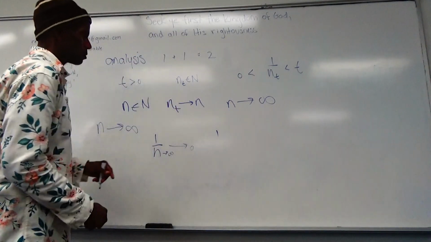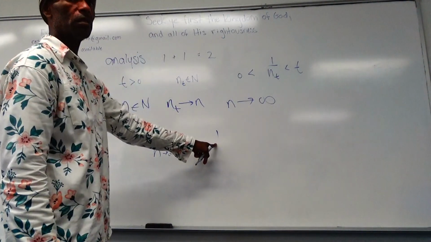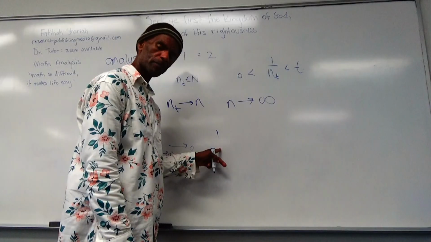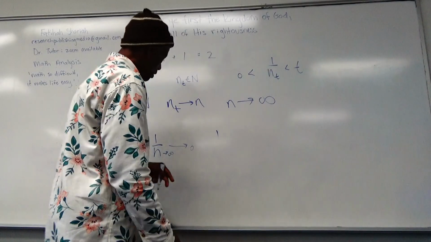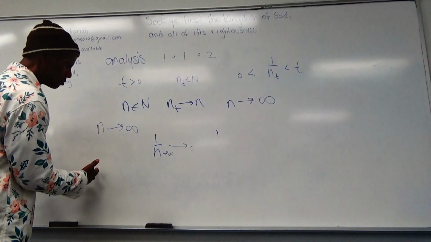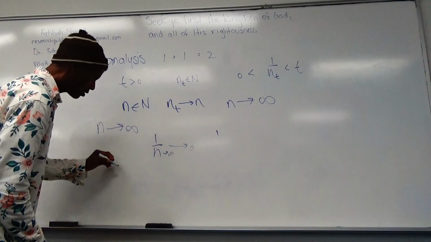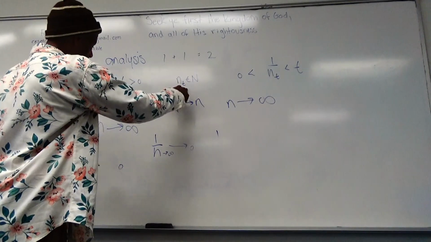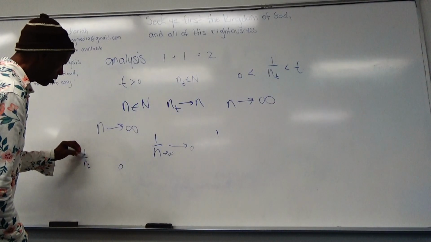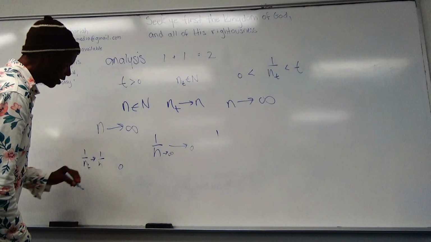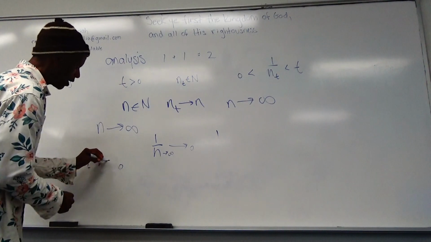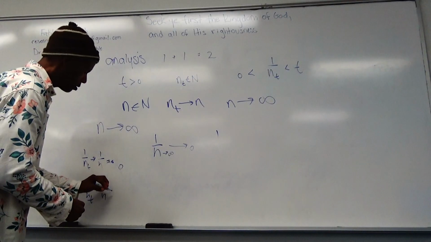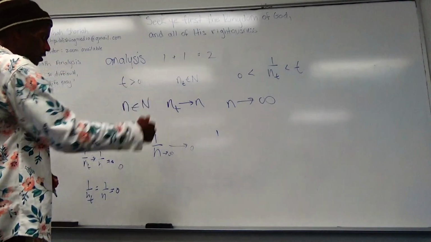So if the lowest bound in the natural number set is 1, but now they're saying that the infimum, the greatest lower bound, is 0, then nt converges to 1 over n, and since 1 over n is equal to 0, they say 1 over nt is equal to 1 over n, which is equal to 0, but we have t greater than 0.